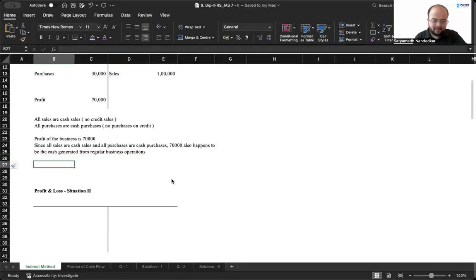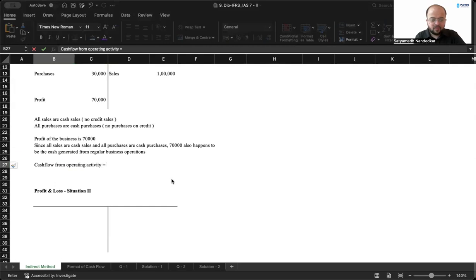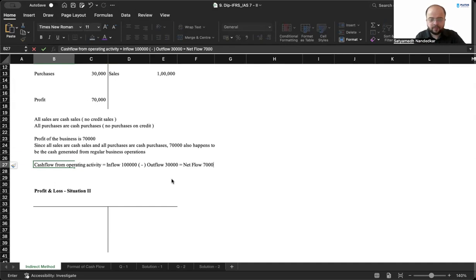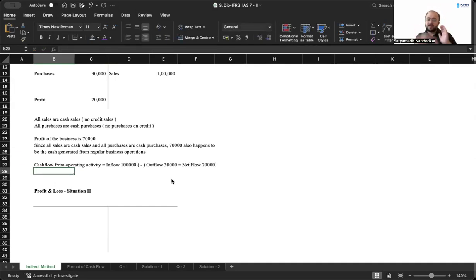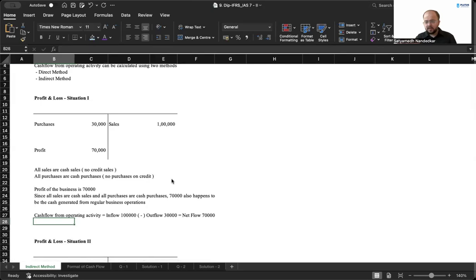So can I say, as a next step, cash flow from operating activity, or cash flow from your regular business activity, would be inflow 1 lakh minus outflow 30,000, net flow 70,000. Now this is where all sales were cash sales and all purchases were cash purchases.